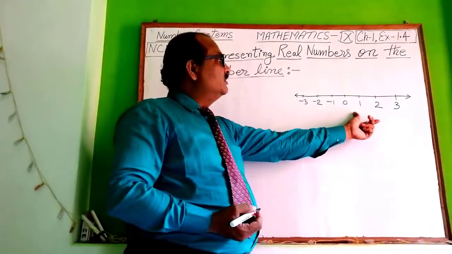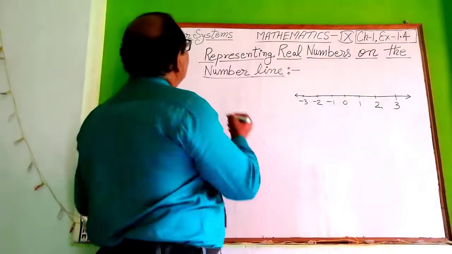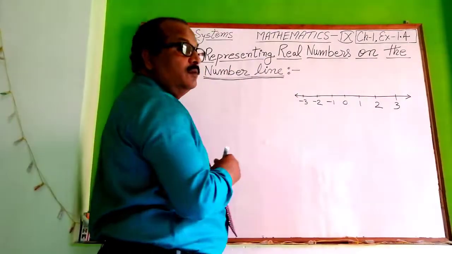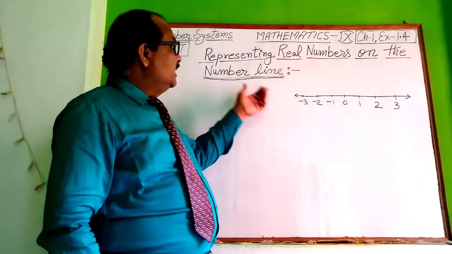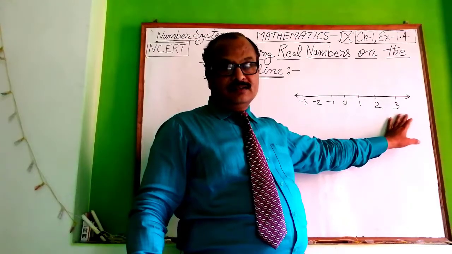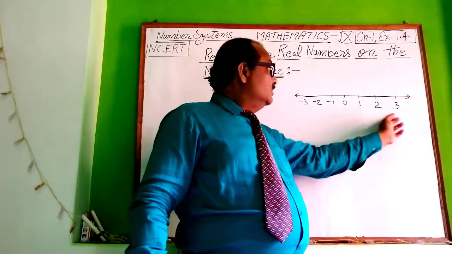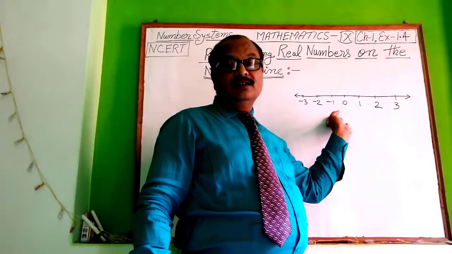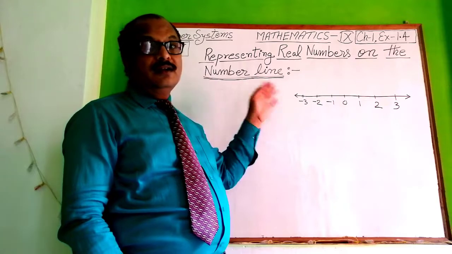So first of all you should know the meaning of number line. What is a number line? You can see a line in which you can represent real numbers, or you can say a line whose every point is representing a real number is called real number line.